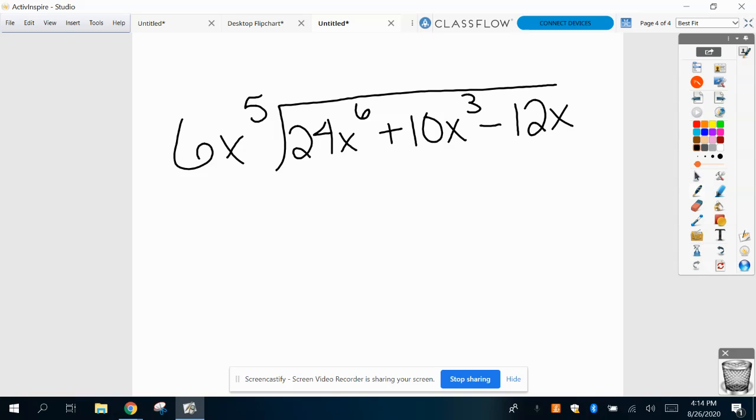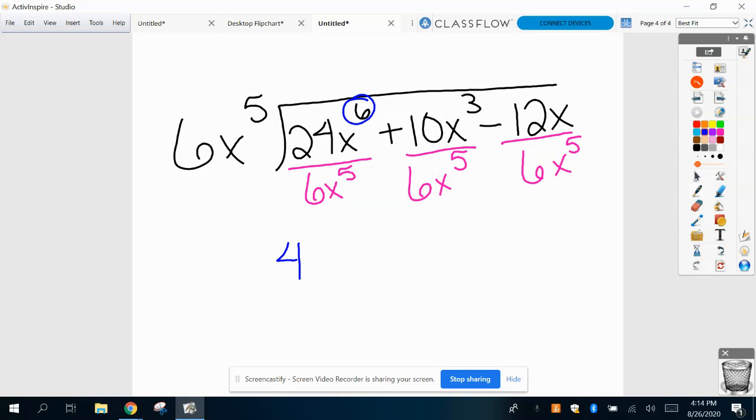But again, the idea is the same. We're still going to divide each of these individually by the 6x to the 5th. So 24 divided by 6 gives us 4. 6 minus 5 gives us x to the 1st.